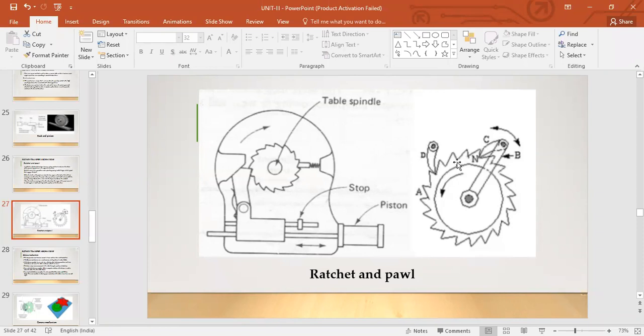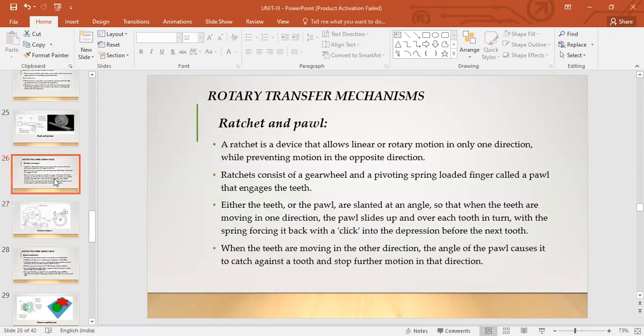And if it tries to move the other way around, that is to say clockwise, it will not allow it, so it only allows motion in one direction. So ratchet and pawl is one type of mechanism that allows linear or rotary motion in only one direction while preventing motion in the opposite direction.